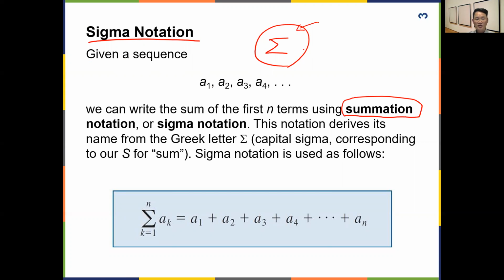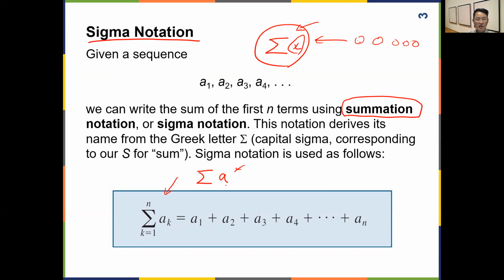So sometimes you just say sigma x, that means there is a bunch of x, then you add up all this bunch of x. That's what this means. Now, here in this notation, this is more sophisticated. Sometimes you can just say sigma a.